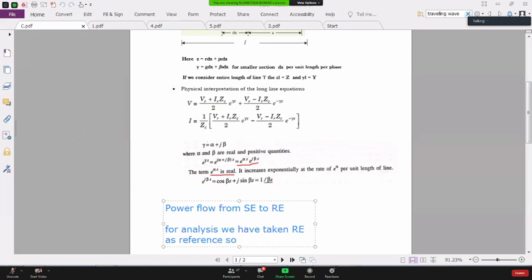So as we move from receiving end towards sending end, the distance, what we are taking as s, here it is s, no need to worry. The point is, as you are moving from receiving end to sending end, the distance will increase. That is the point.